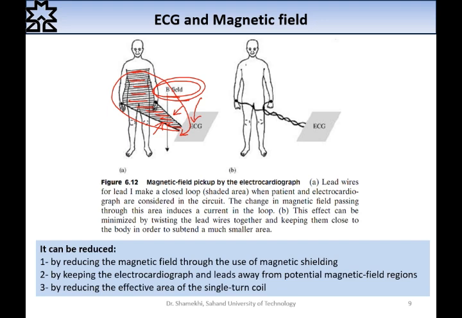For this purpose, we can reduce the area by twisting the lead wires together and keeping them close to the body in order to reduce the effective area.